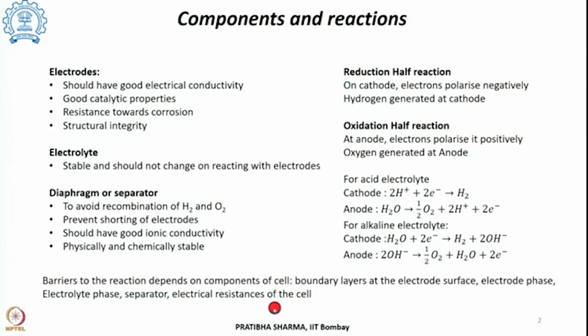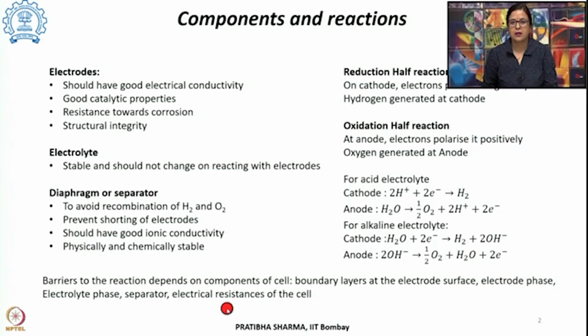All these determine the behavior of current, IV, efficiency and the amount of hydrogen being produced from a particular electrolytic cell. Let us look at each of these one by one.